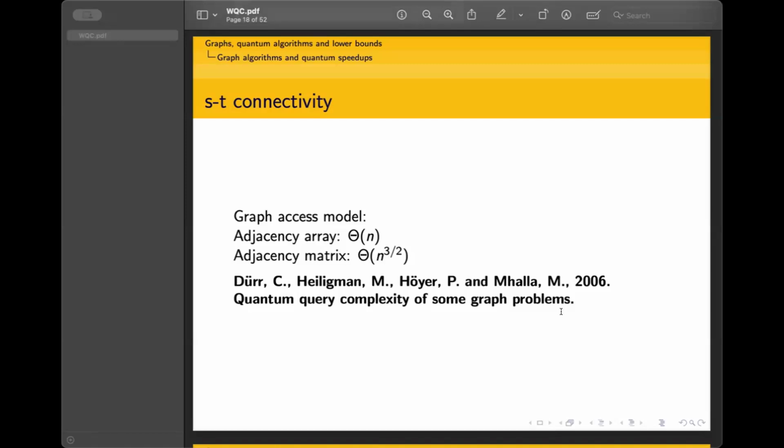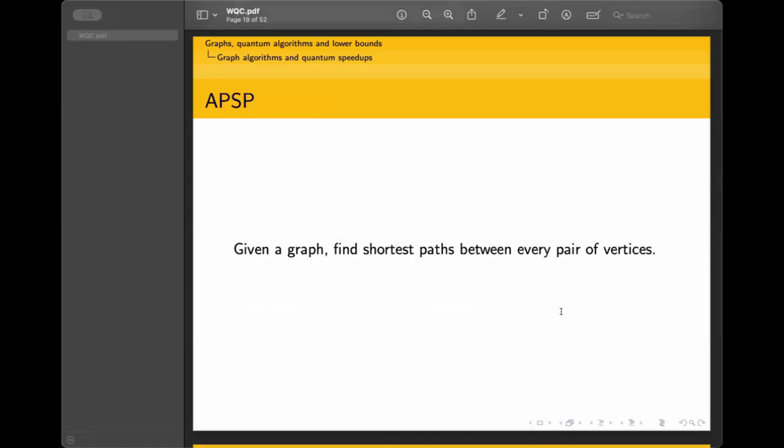It's a good source of knowledge. Okay, so that's the ST connectivity. That was just a little mention. We will go through these problems like that with very short slides, and then we'll go into more interesting, more in-depth stories about certain specific quantum algorithms.